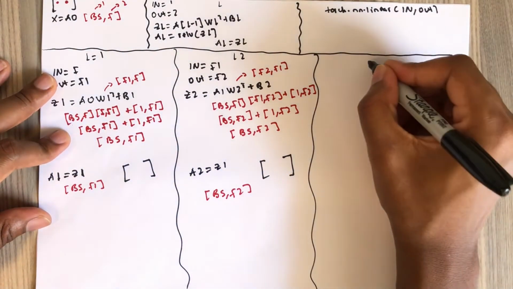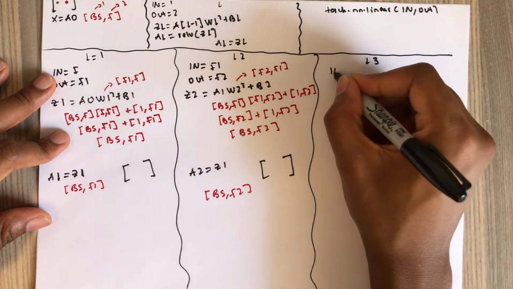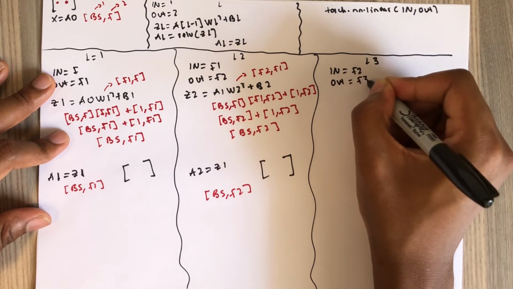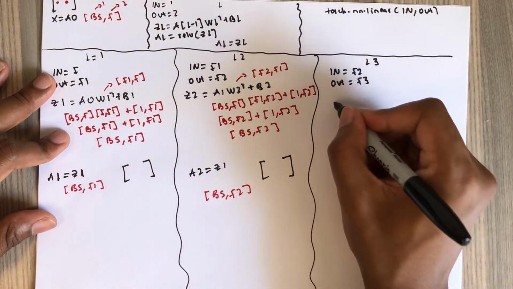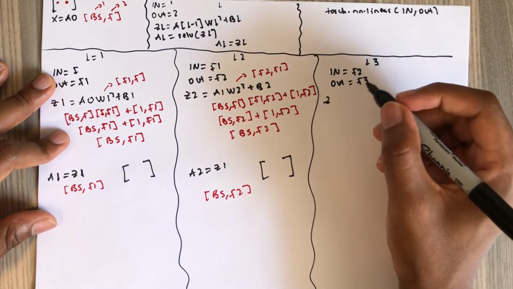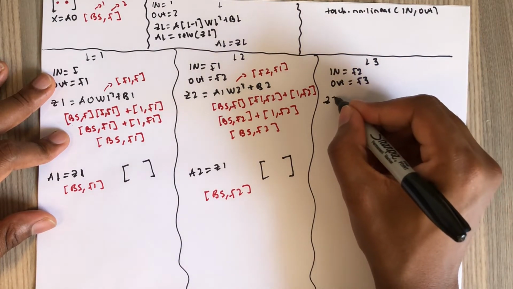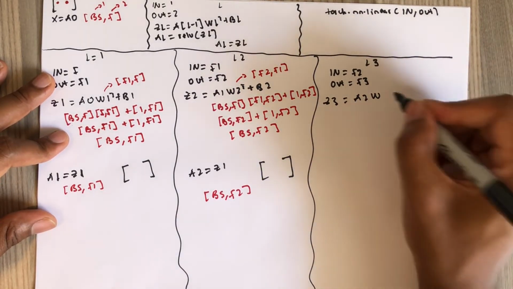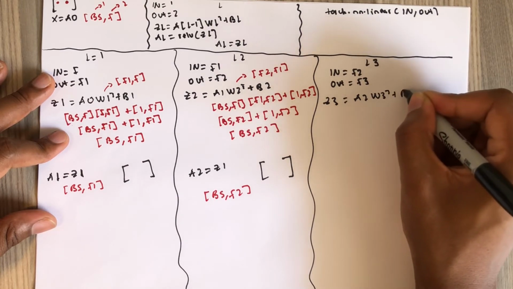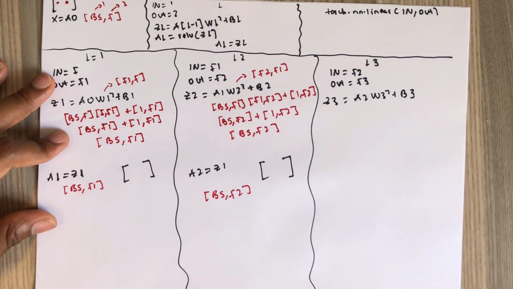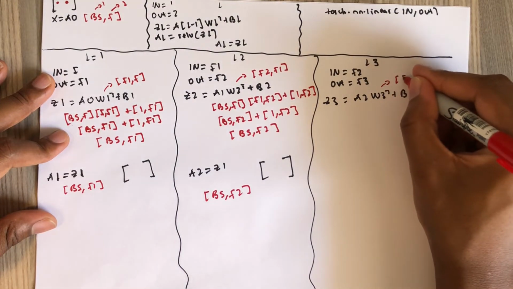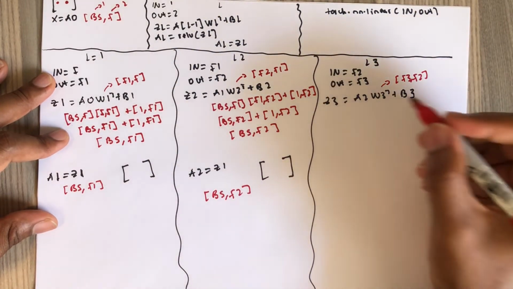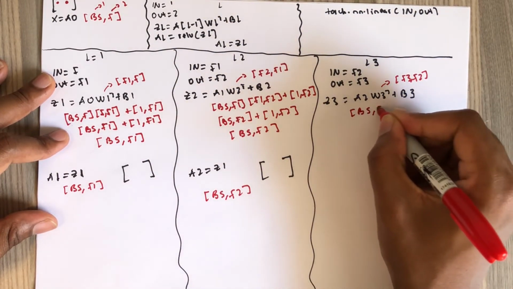In the last layer, L3, in is F2, out, let's call it F3. Alright, so Z3 is A2 W3 transpose plus B3. As always, this is F3 by F2. This is the dimension. A2 has a dimension of BS by F2, right?